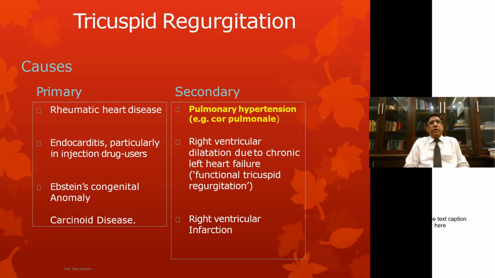So right-sided endocarditis is probably the more common cause of tricuspid regurgitation, particularly in IV drug abusers.